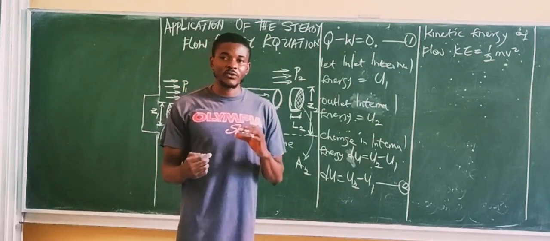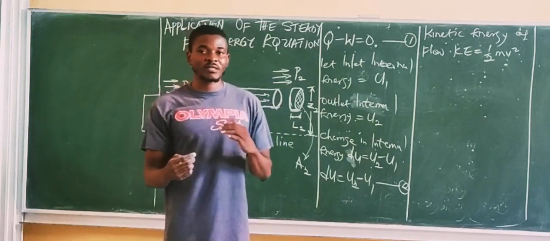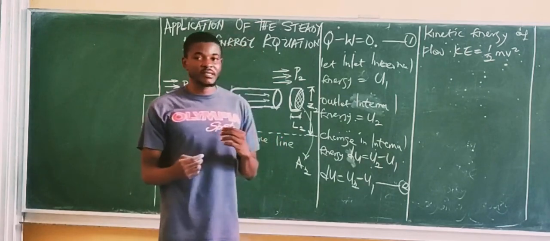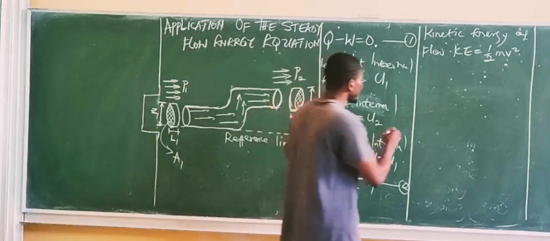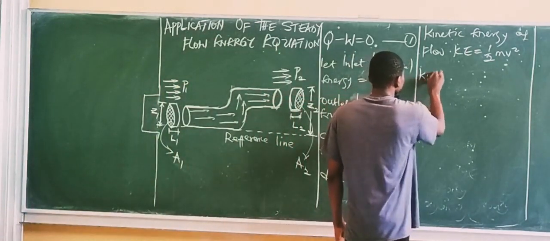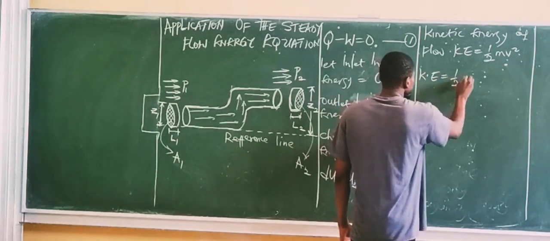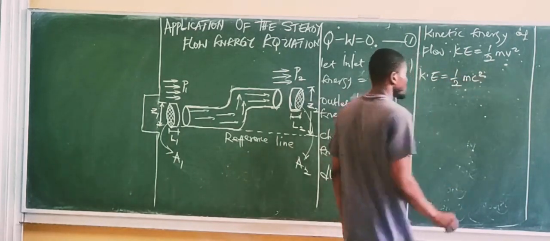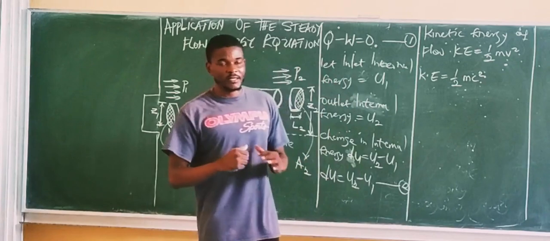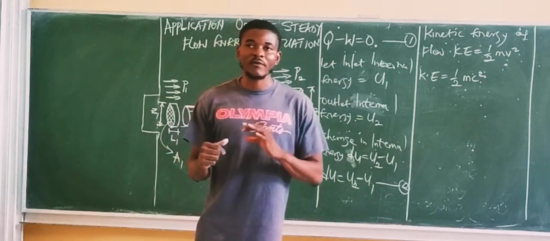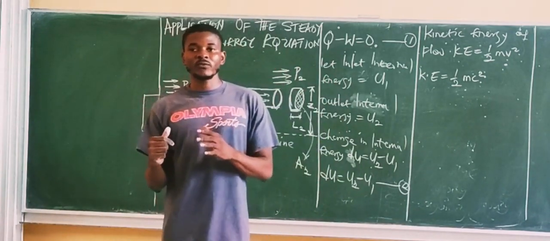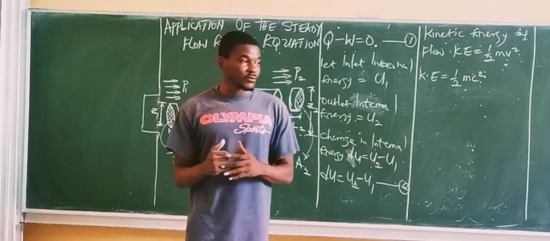Now, to avoid confusion between volume and velocity, let's simply call the velocity c. So we can write the kinetic energy as 1 over 2 mc squared, where c stands for the velocity of flow, just to avoid confusion between v for volume and v for velocity.